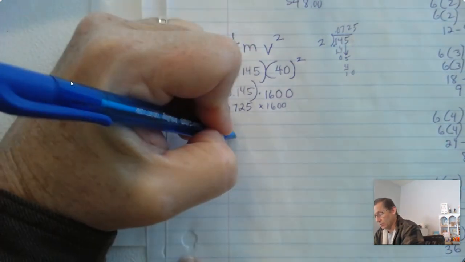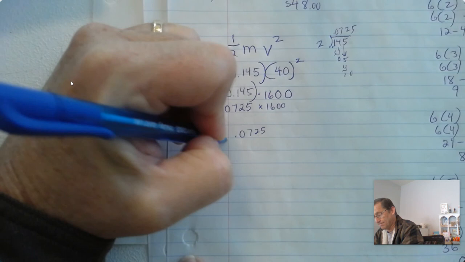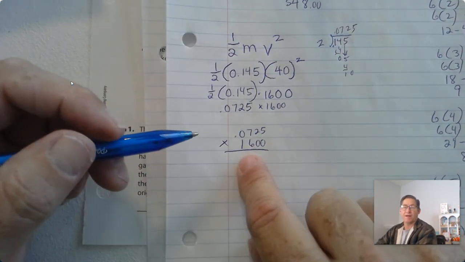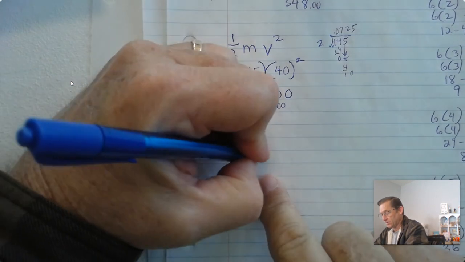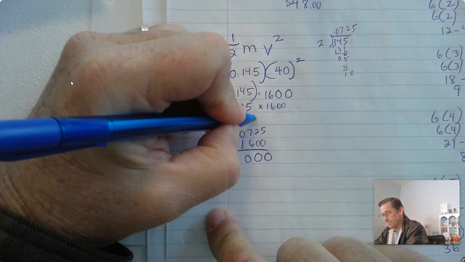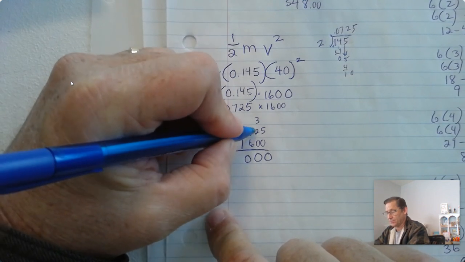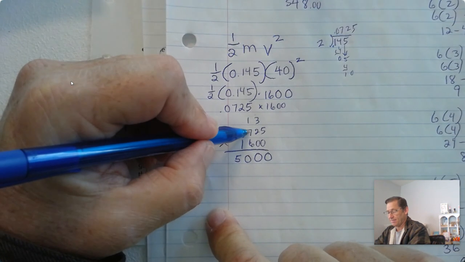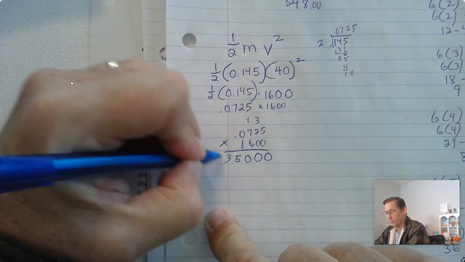Okay, so multiply that out. We know, since we're multiplying by powers of 10, that our answer is going to end in 2 zeros. 6 times 5 is 30. 6 times 2 is 12, plus 3 more is 15. 6 times 7 is 42, plus 1 more is 43.